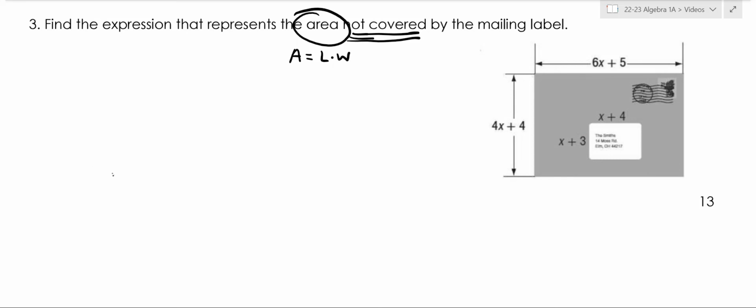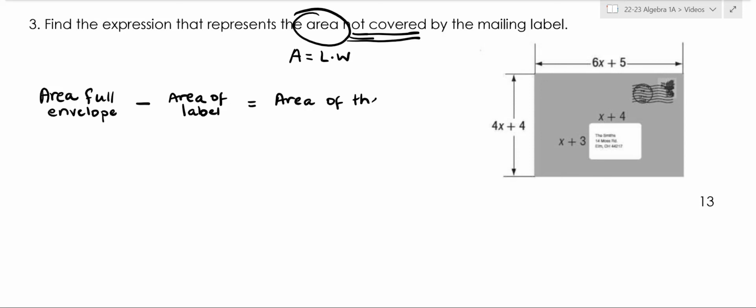So first we're going to find the area of the full envelope. And then we're going to do minus the area of the label. And that'll give us the area of the envelope not covered by the label.